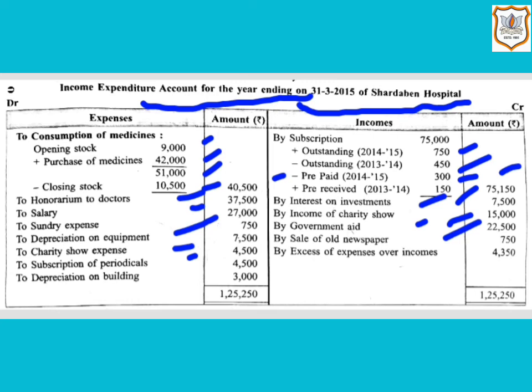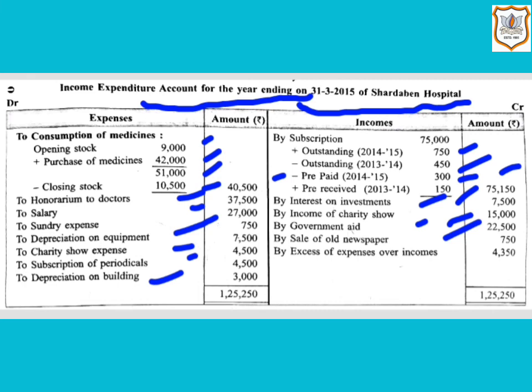That means the differential amount is depreciation. 60,000 minus 57,000 comes to 3,000. 3,000 is depreciation on building. Then investment is given. Here investment will be recorded in the balance sheet as it is an asset. Then capital fund is given. Capital fund will not be recorded here. It will be recorded in the balance sheet.